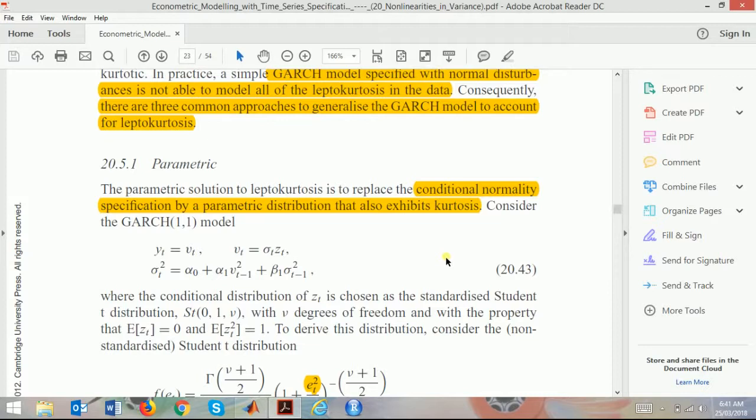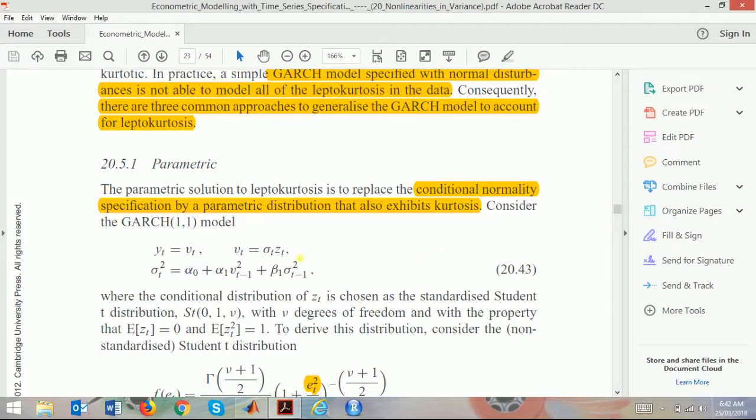So basically the normal distribution will be replaced with student's T distribution, and then combined with GARCH we should be able to better capture leptokurtosis or the volatility in the data.